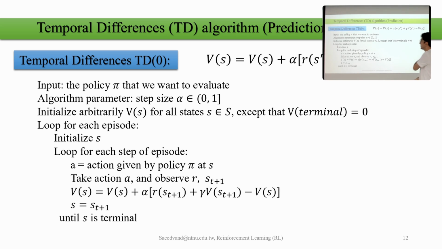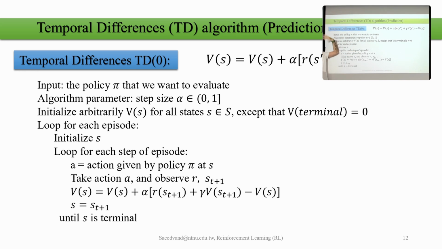So here, for temporal differences 0, I've shown the algorithm for prediction that you can see. If you want to have a look together, we have the input, the policy pi that we want to evaluate. So we have the problem.